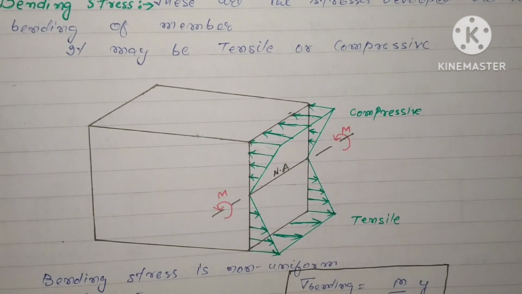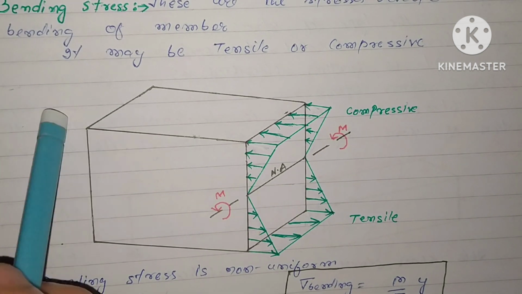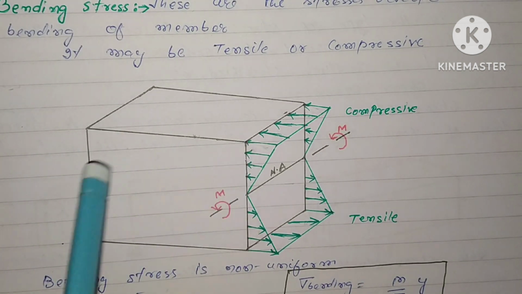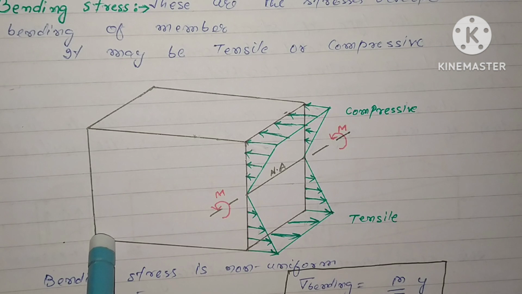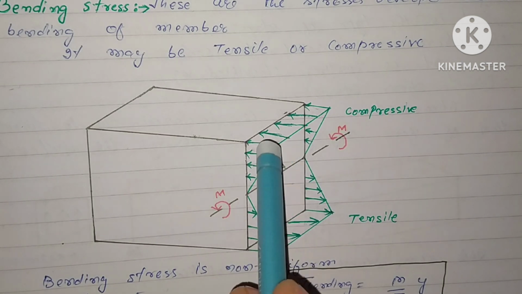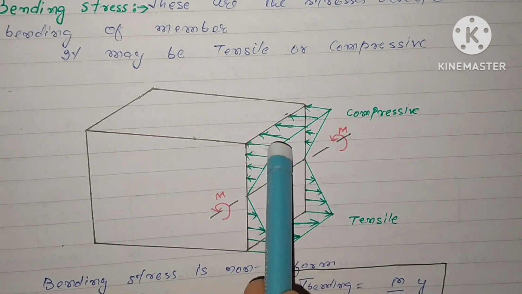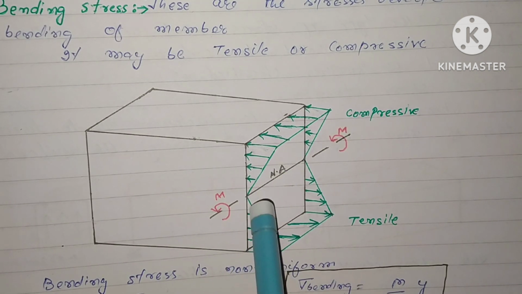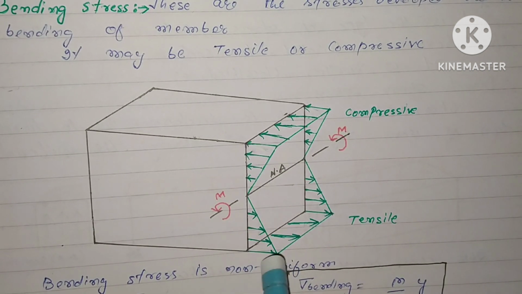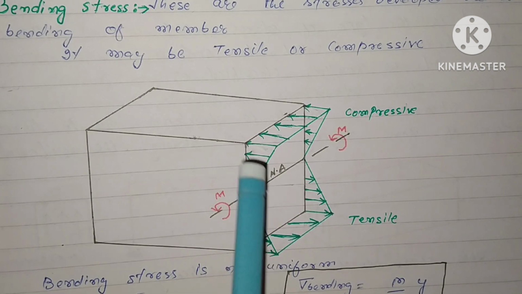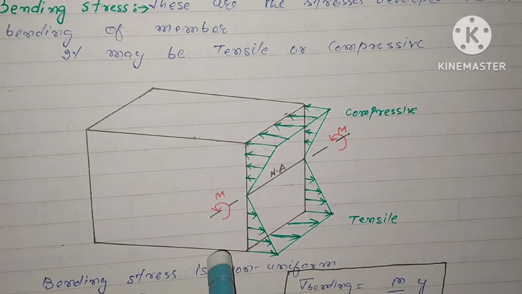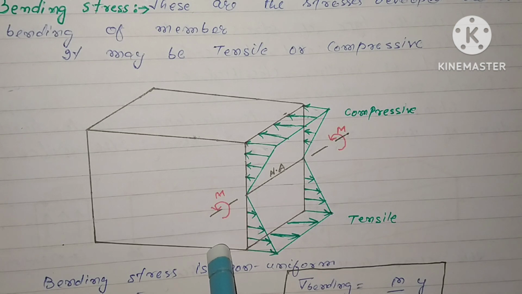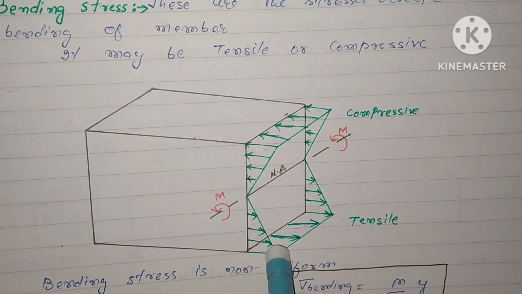This is the distribution of bending stress. This is the top fiber, this is the neutral axis fiber, and this is the bottom fiber. The stresses at the top fiber are maximum, reduce to zero at the neutral axis, and again increase to maximum at the bottom fiber. The stresses are not uniform throughout the cross section.